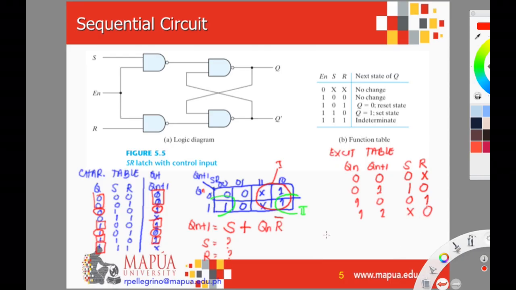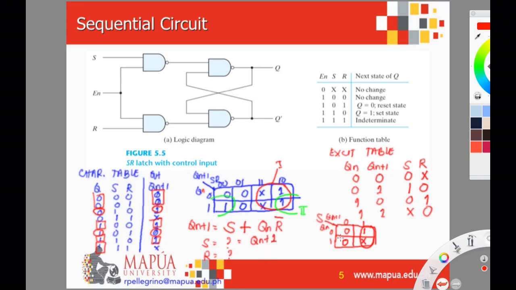Okay, so which means we have an equation for S. So using K map, we have S, Q, Qn plus 1. So which gives us 2 by 2, 0, 1, 0, 1. So S is 0, 1, 0, X. So this is our group, which means we have a value that S is equal to Qn plus 1.